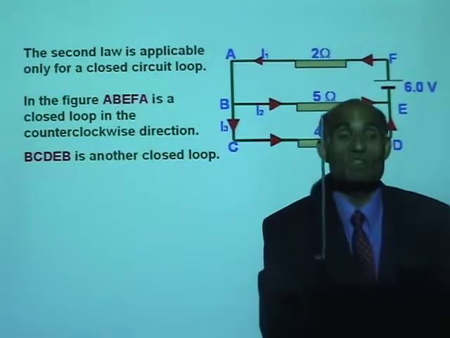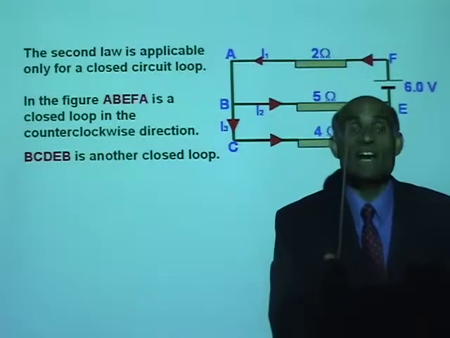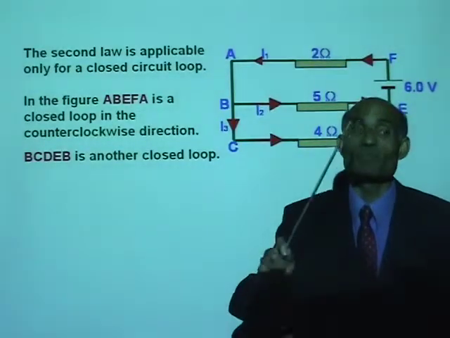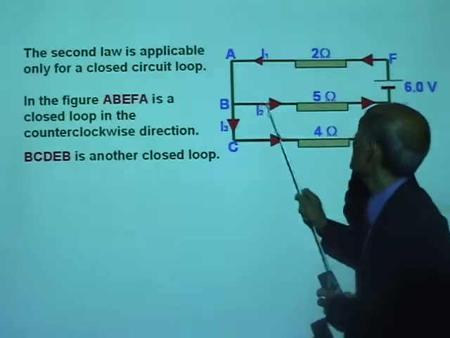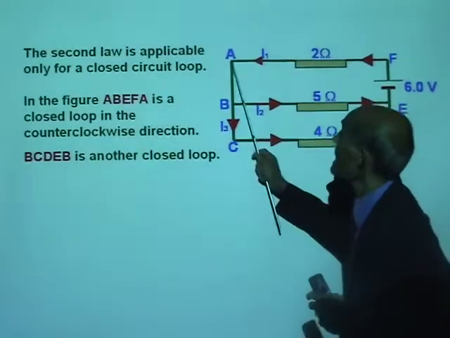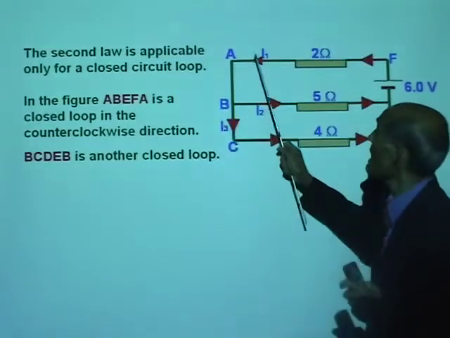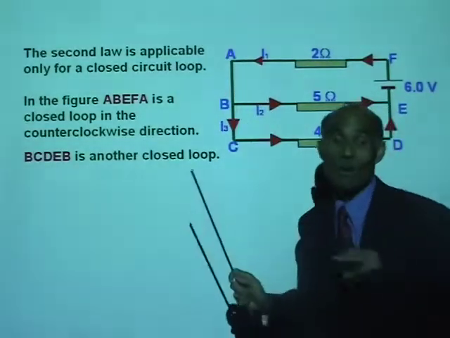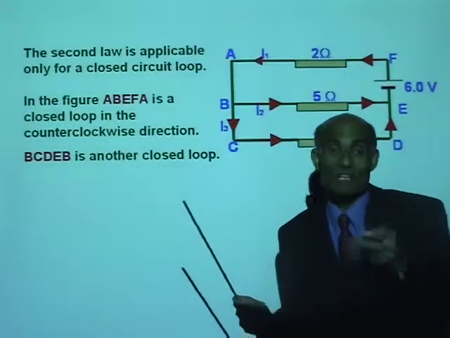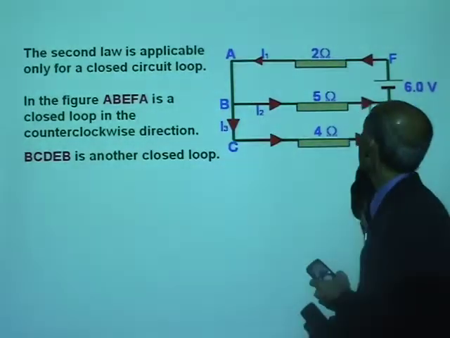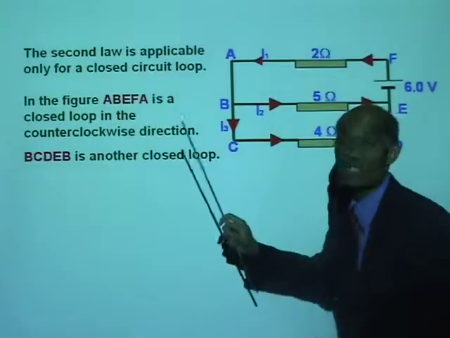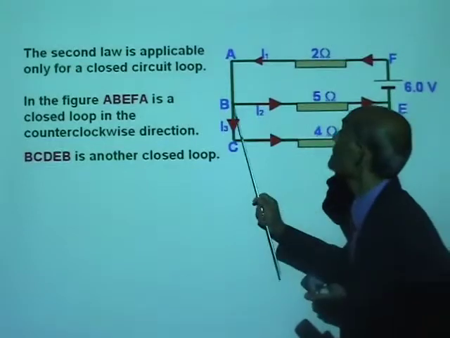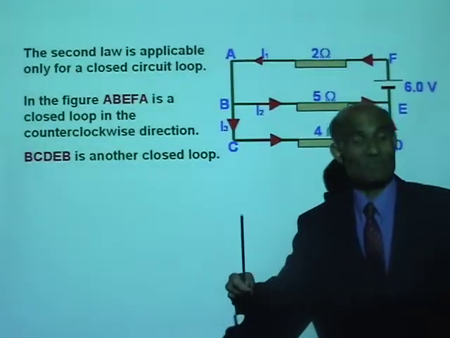Therefore the sign is very important. In other words, the direction in which I trace out the loop is important. You see, A, B, E, F, A is not the same as A, F, E, B, A. One is opposite of the other. In other words, if A, B, E, F, A is positive, then A, F, E, B, A is negative.